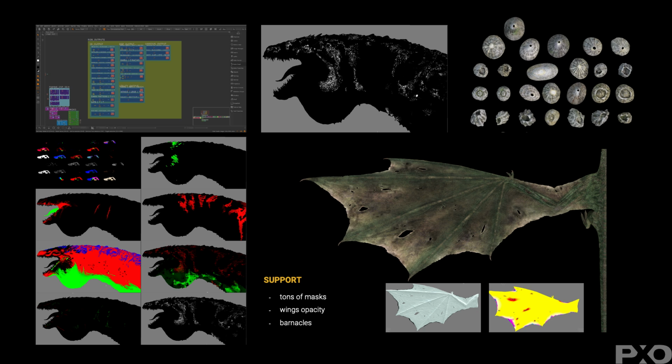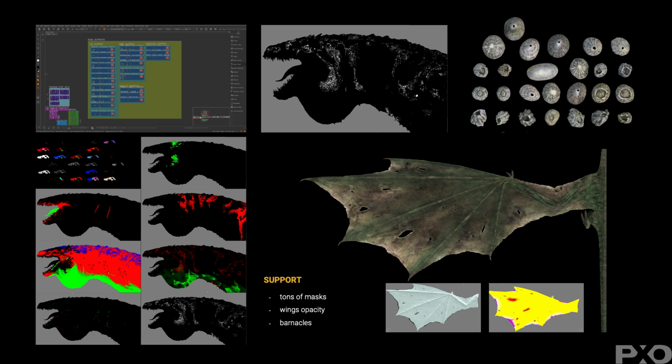And that was a lucky accident. This kind of whitish crust really felt like leftovers from the barnacles. It was very good. So this is just to show you how much interaction there can be between different departments. Texturing is really in the middle of asset creation, so we can do a lot of support for the other departments as well.